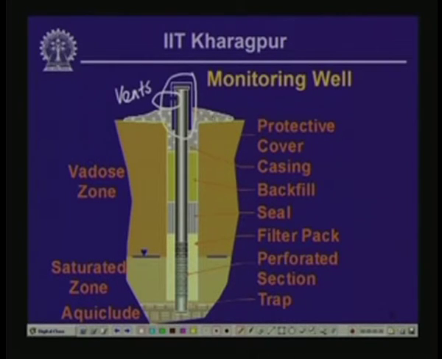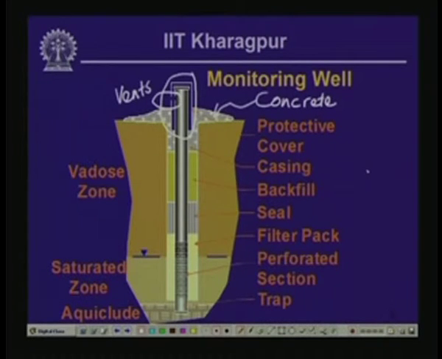So, this one here is a concrete encasement in order to hold the protective casing, and then underneath the concrete, within the annular space between the casing tube and the borehole wall, is a semi-pervious backfill.